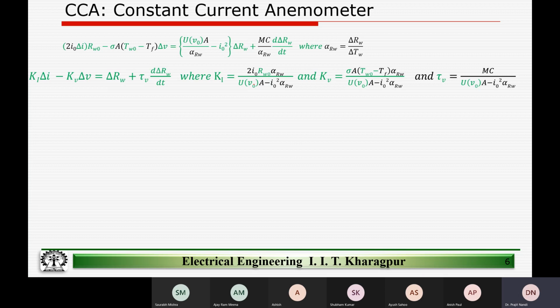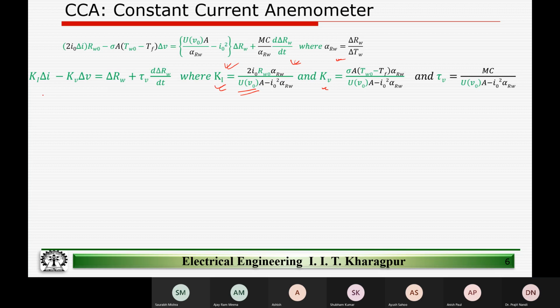This is where you need to think: is Ki really a constant, or Kv really a constant or not? Yes, the point is that around an operating point, even though UV is not constant, if we know the value of UV0, then we can say that yes, Ki is a constant. Similarly, Kv is another constant.